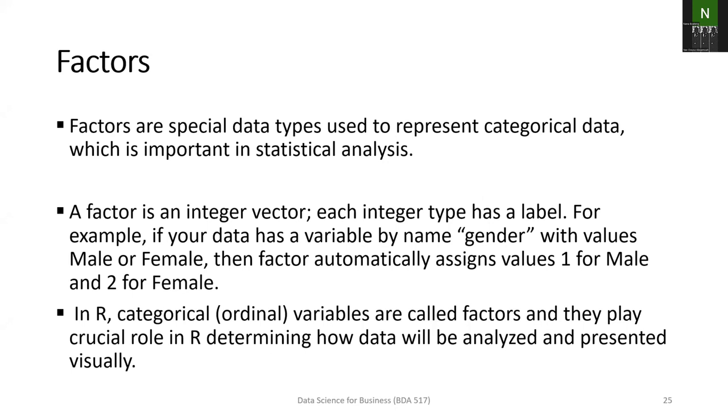True, false is a form of categorical data. Male, female is a kind of categorical data. Agree, mostly agree, disagree, very much disagree. These are all categorical data.